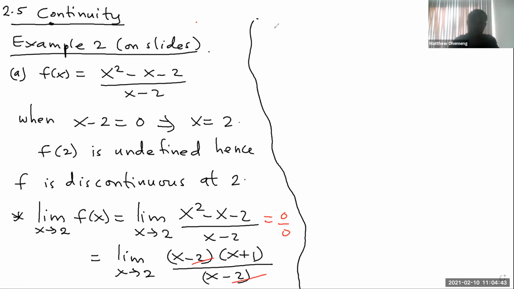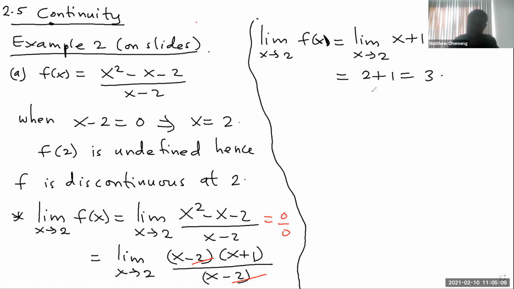So everything reduces to the limit as x approaches 2 of x plus 1. Then we try plugging in again, that's the technique. Plug in 2, you get 2 plus 1, equal to 3.